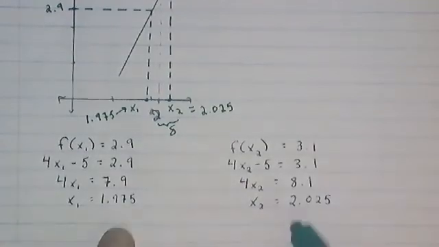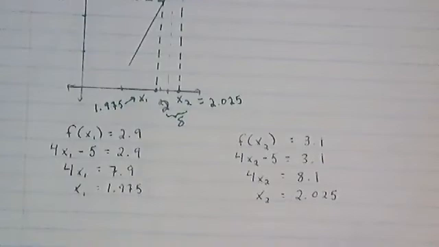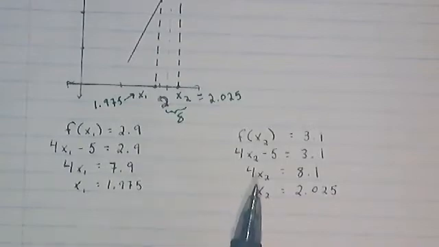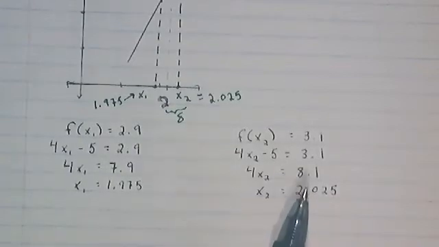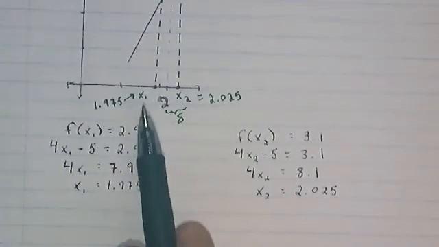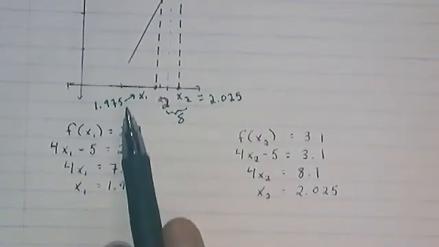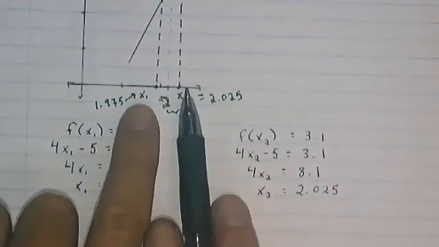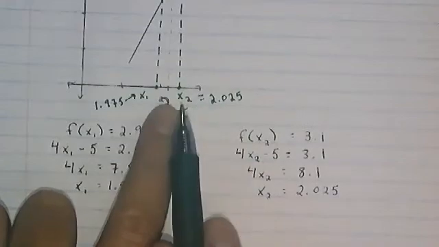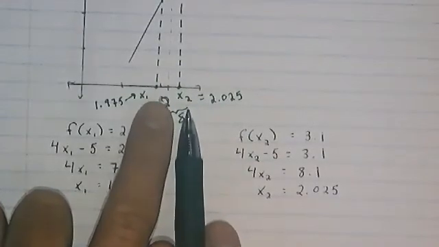Are these our delta values? Annette, delta 0.05, how'd you get that? The 2 minus either x sub 1 or x sub 2. So the difference between these x sub 1 and x sub 2 and 2 is our delta.